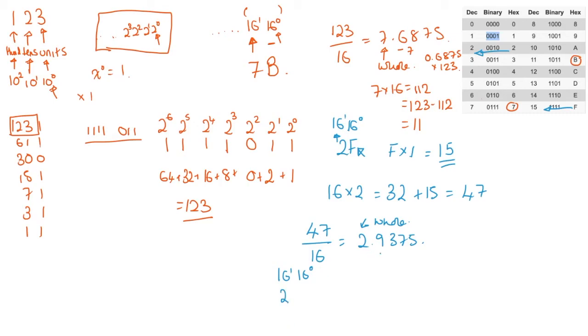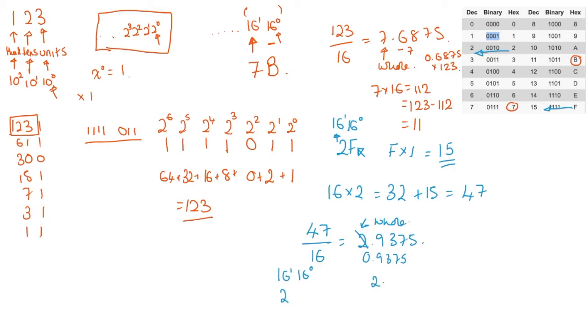I can then either multiply by 0.9375 because I've already used the 2, or I can multiply 16 by 2 again, so 2 times 16 gives you 32.